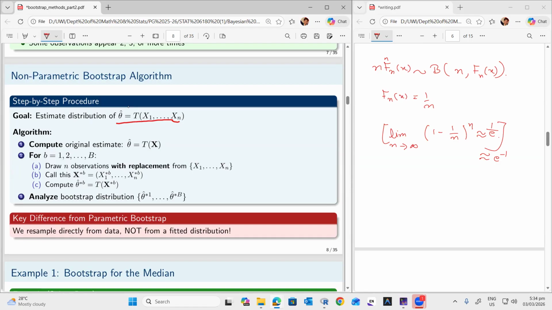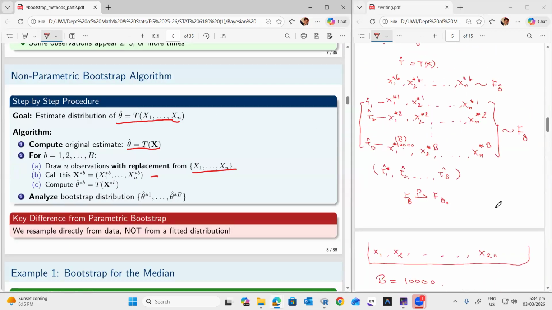We compute the original estimate theta cap from T(x), and after that we draw n observations with replacement from the given samples, and call these the bootstrap sample, and we compute the estimate with respect to each sample.